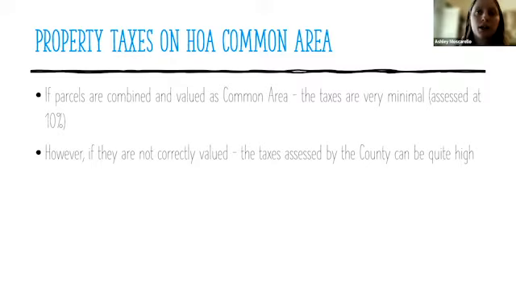A good step, if you want to take it on your own, is to pull up a parcel or two with your county assessor online and just type in the address or the parcel number there and scroll to the middle section where it has your property valuation, and it'll say in there if it's common area or not. So that's one way to do it. Or send it to us.